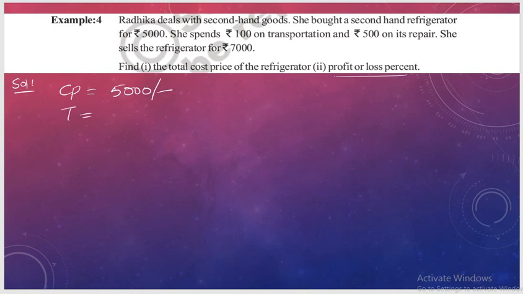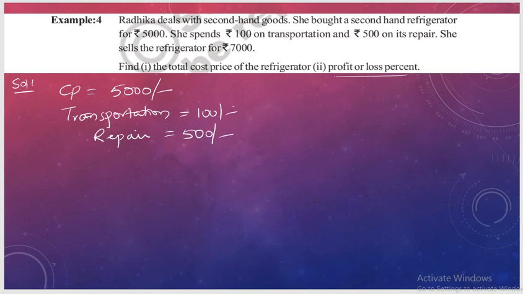Next, on transportation, how much is she charged? 100 rupees. For repairs, she made repairs on that, so she made it for 500.